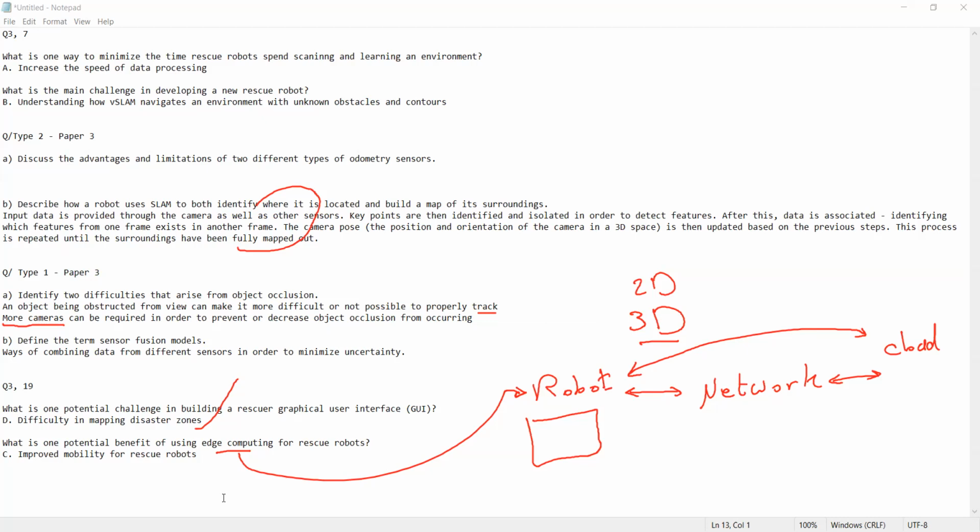And also, when you take a decision on board, it means that the computer on the robot is able to take a decision far away from the interaction of cloud computing. It processes the data on site inside the processor loaded on the robot.